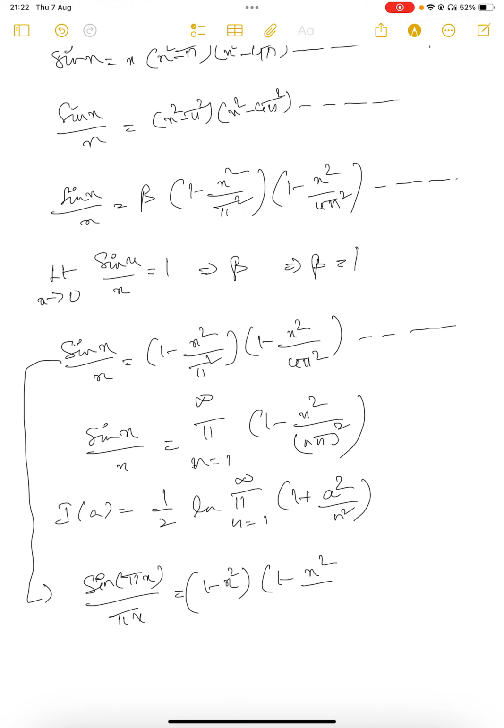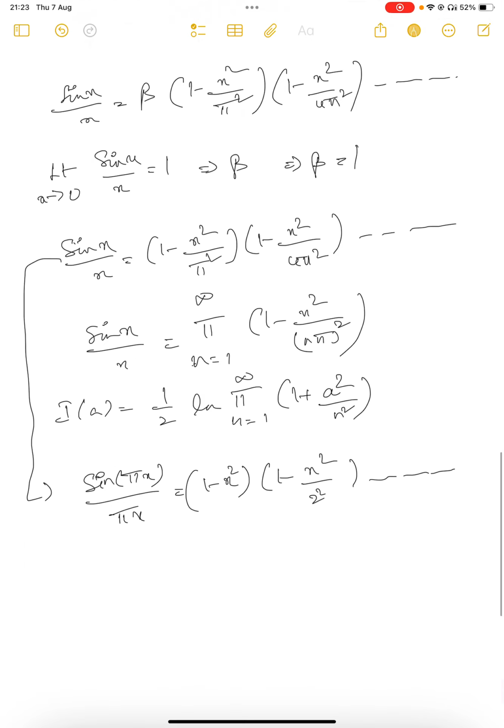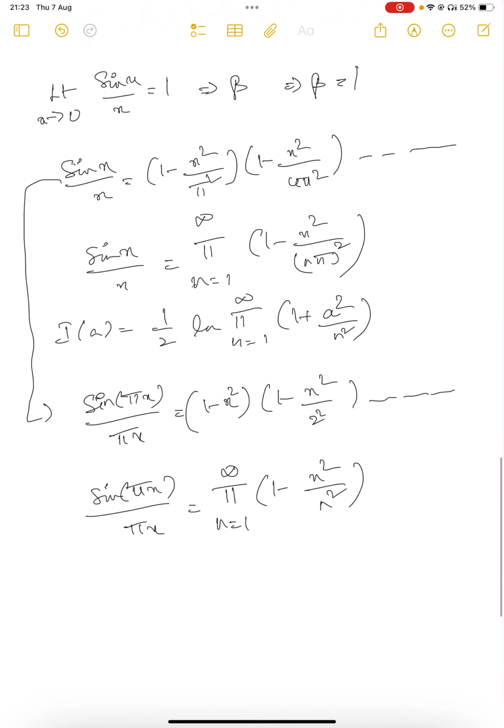This will be 2 square. So sine of pi x by pi x is product n equal to 1 to infinity 1 minus x square by n square, right?